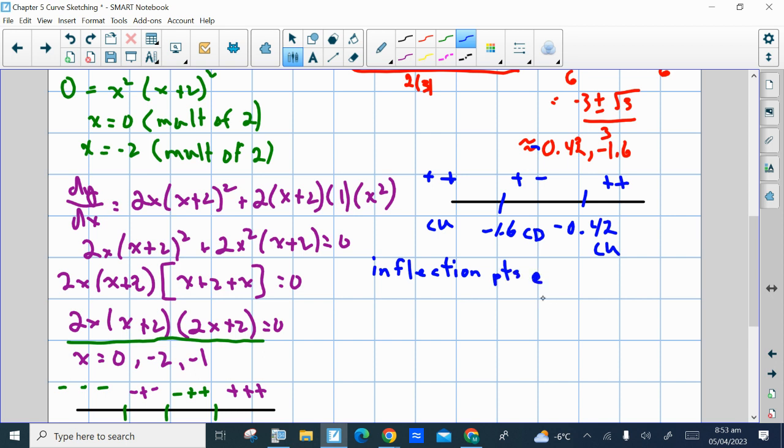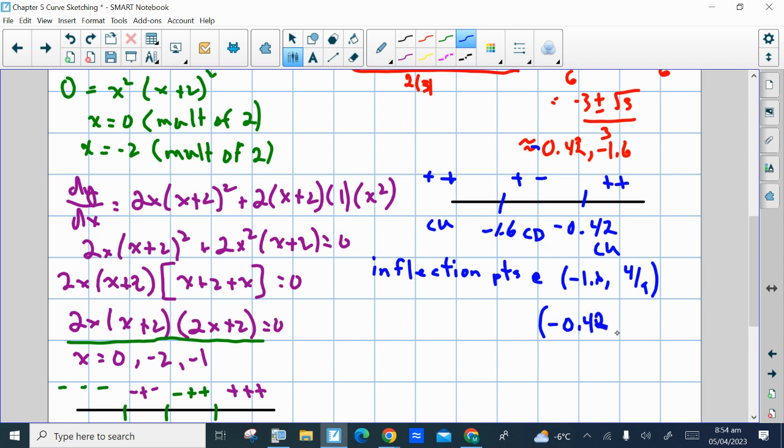at those two places. And so if we use the negative 1.6, the value of y works out to be positive 4 over 9. And it's actually the same when we let x equal our negative 0.42.